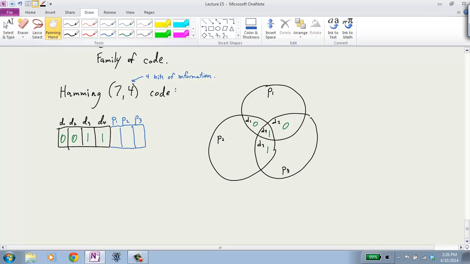Notice each circle has 4 things in it, and you want them all to be even. So what does P1 have to be? It has to be a 1, because you need an even number of 1s in that circle. P2 has to be a 0, and P3 has to be a 0. So what you would actually write is this. You've gone from 4 arbitrary information bits to 7, and you calculated those last 3 using this picture.